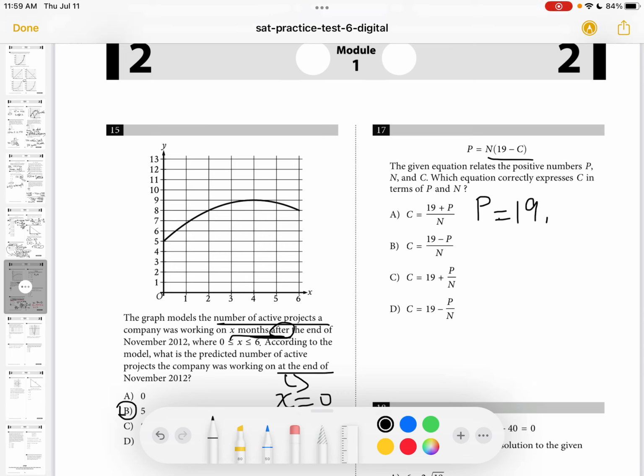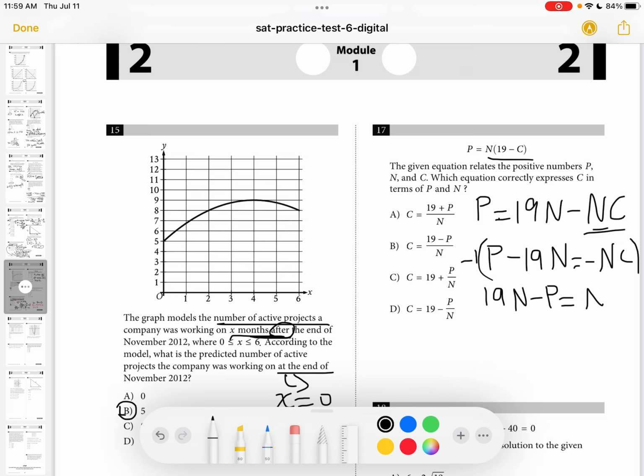So p is equal to 19n minus nc. Now this term has c, so I'm going to get it by itself. So p minus 19n is equal to negative nc, and if I multiply everything by negative 1, I get 19n minus p is equal to nc.